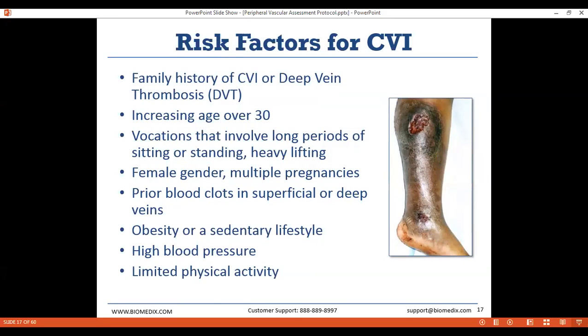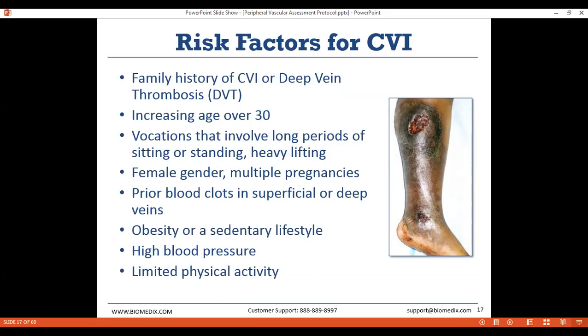Risk factors for CVI include a family history of CVI or deep vein thrombosis. I did mention that deep vein thromboses and CVI are linked. It's another age-dependent illness. So in this case, patients over the age of 30 are more likely to develop CVI. Vocations that include long periods of sitting or standing.